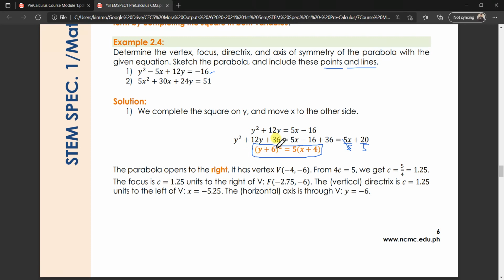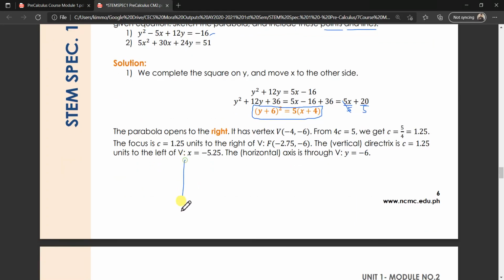So, by the equation, we can conclude that our parabola is opening to the right. Then, in our equation, we can already identify the coordinates of our vertex.